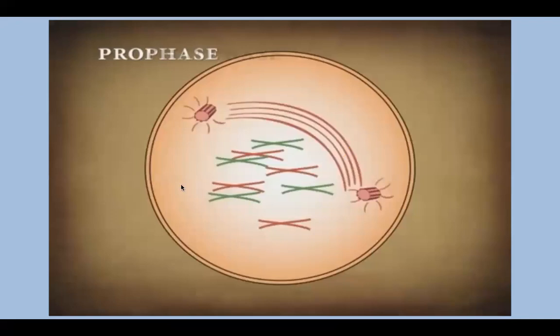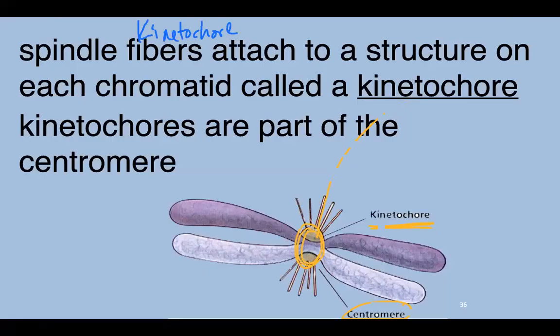Okay, so that's prophase. So let me go back one. Just to summarize what's going on in prophase: 1, DNA condenses to chromosomes. 2, nuclear envelope disappears. If I could learn how to spell, that would be great.